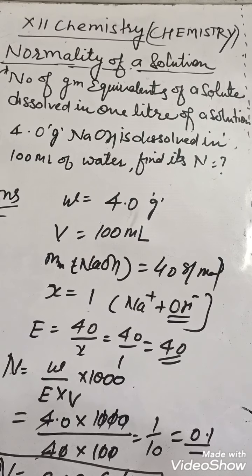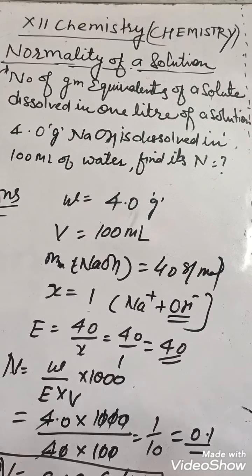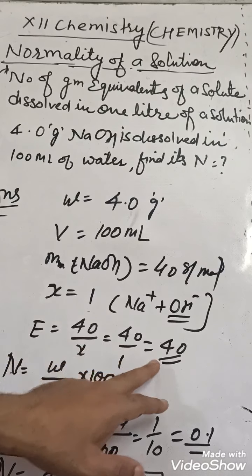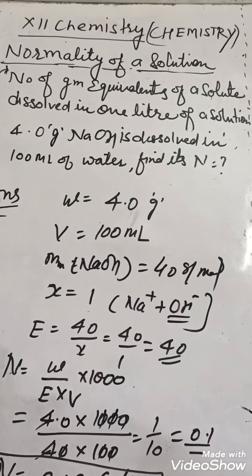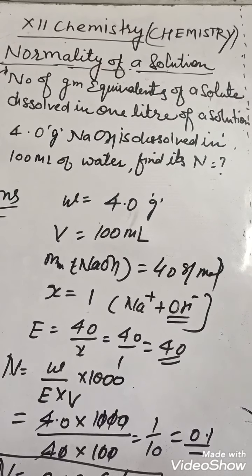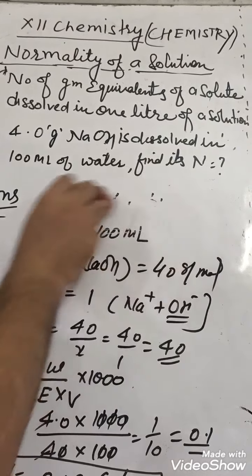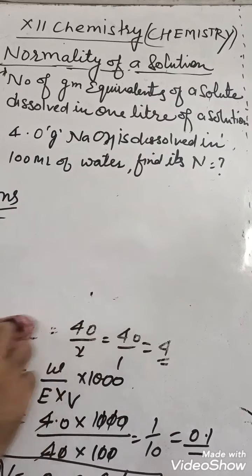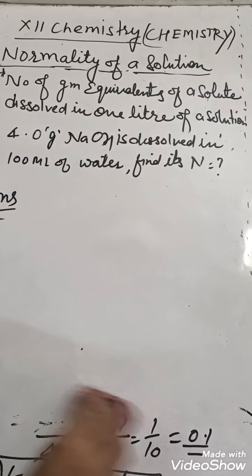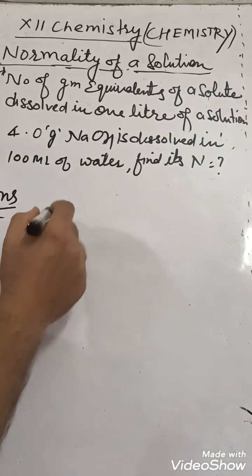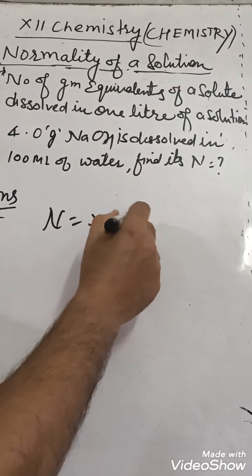And if you want to find out its molarity, then molarity and normality will be same, because equivalent weight and molar mass are same here. Simply you can find out its molarity by using the equation N1 V1 is equal to N2 V2, and N is equal to X into M. So normality is equal to X into molarity.